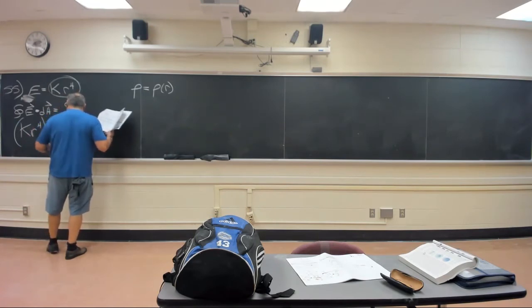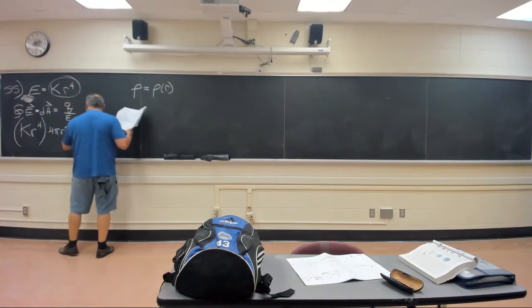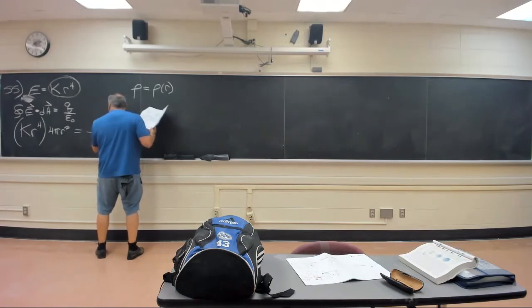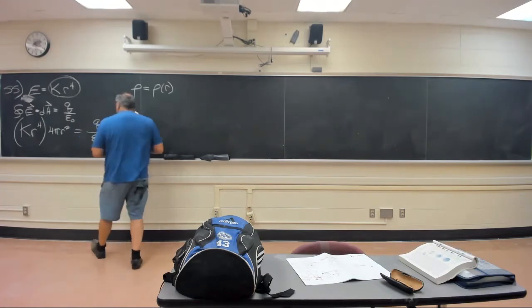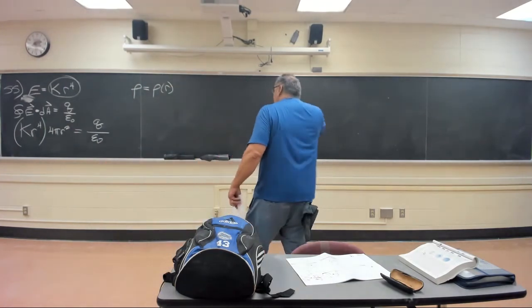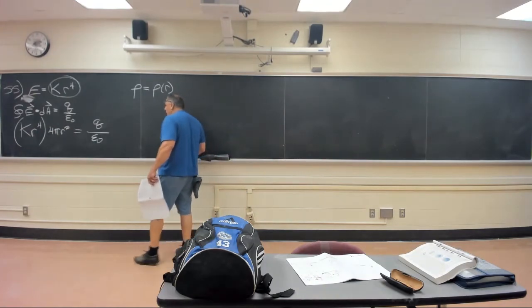If you are r away, 4 pi r squared is the area. Then you got Q over epsilon naught. Well, how much Q do you have? That's a rough one. How much Q do you have enclosed in that radius of small r?